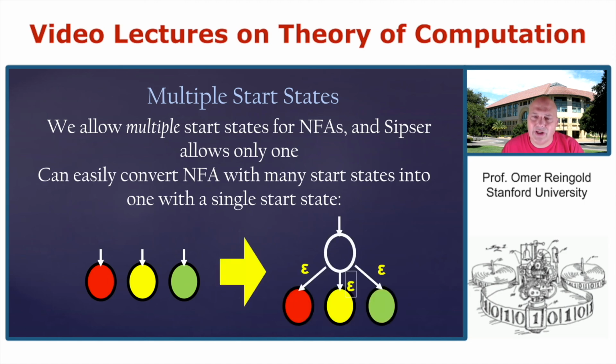You can define this new state, which is the start state, and now you can take an epsilon transition to each one of the previous start states. And so you can perform whatever computation you could with the many start states. So allowing many start states doesn't increase the power of the machine. You can do the same thing with a single start state.